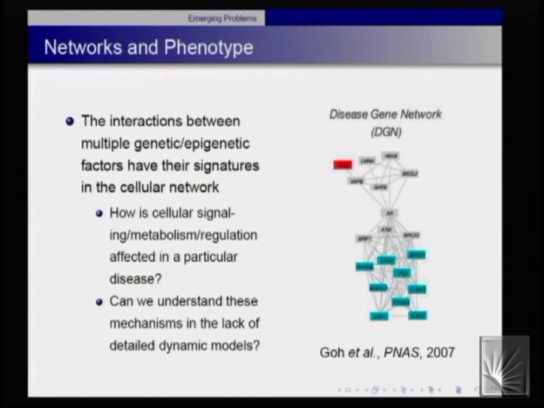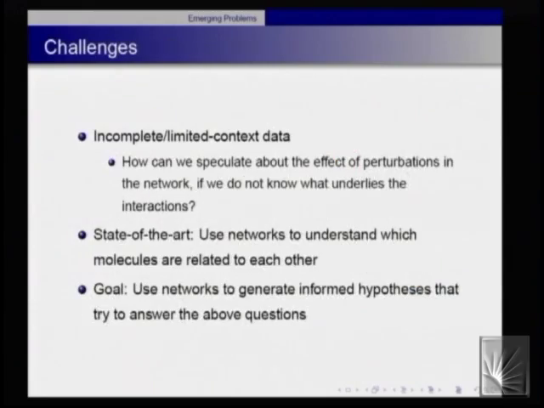So we naturally expect that the genes that are connected here should also be connected somehow in the physical network. So that suggests to us that we can use the physical connections in the network to understand the mechanisms that underlie the associations between genes that lead to particular phenotypes. But the challenge here is, again, as I said, the data is incomplete and it has limited context.